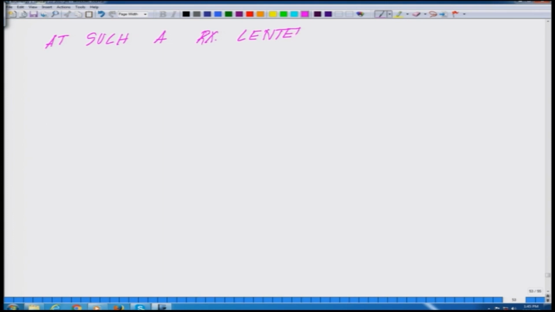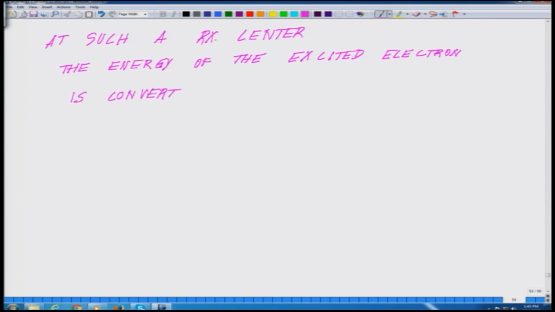At such a reaction center, what is happening is that the energy of the excited electron is converted, and be careful at this point, converted into a separation of charge. Separation of charge.